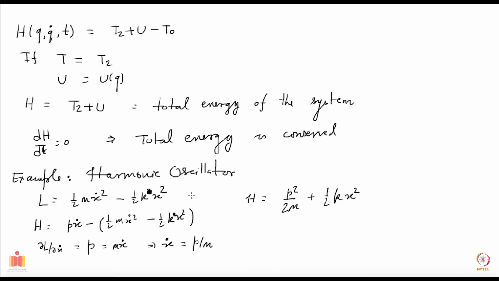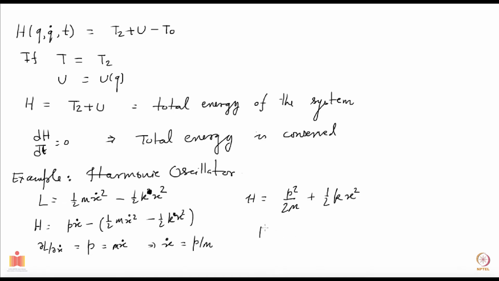So the partial derivative of H with respect to t is vanishing, which implies that the total derivative will also vanish with time, which is just that the total energy is conserved, which you already know for a harmonic oscillator.